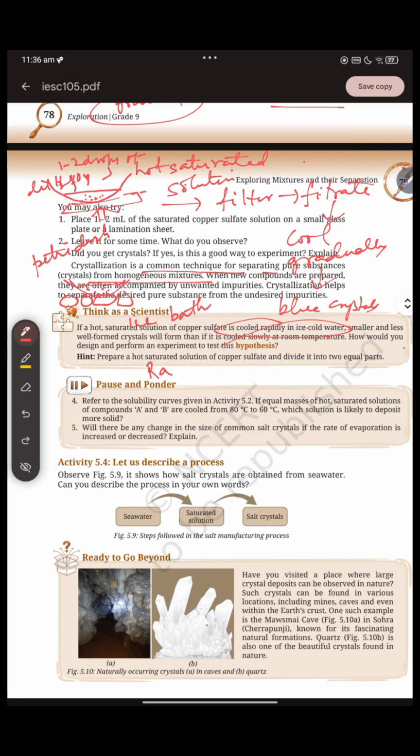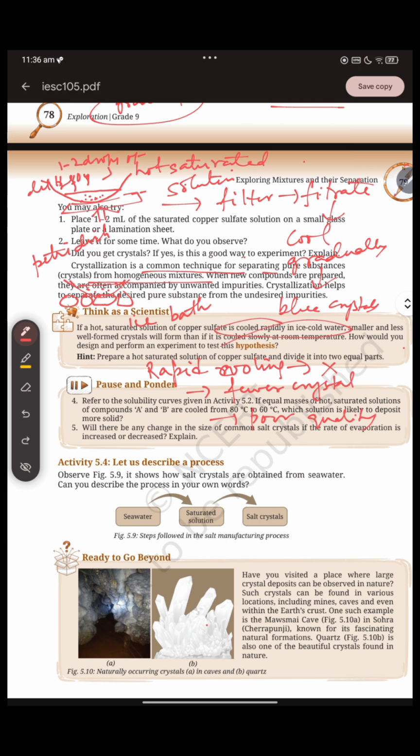Rapid cooling will cause less quantity also. So rapid cooling is not suggested. Why? Because it gives fewer crystals and it gives poor quality of crystal. Okay, so that is not suggested.